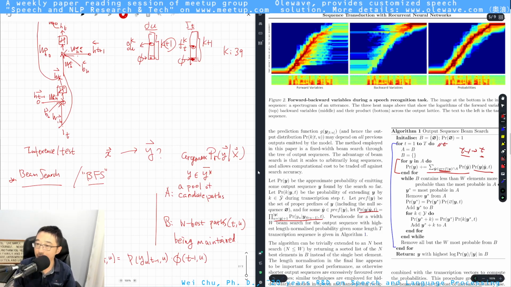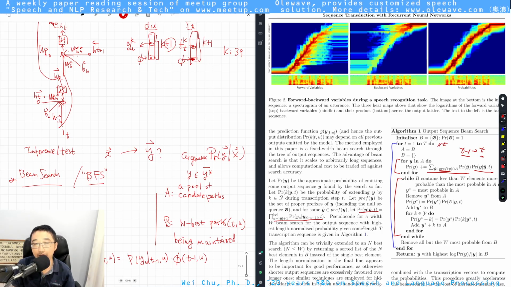Okay, and the next step is how to add the path into the embedded list or update the embedded list. So suppose this B already has an embedded list. Okay, what does this mean? So B contains less than W elements.